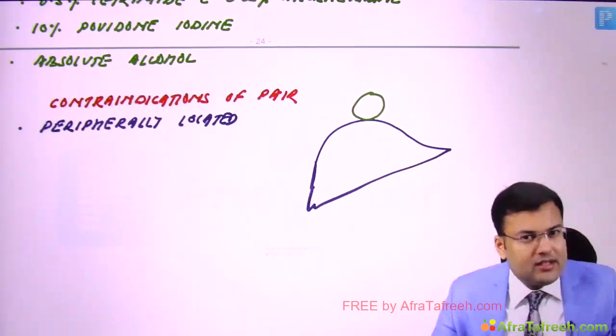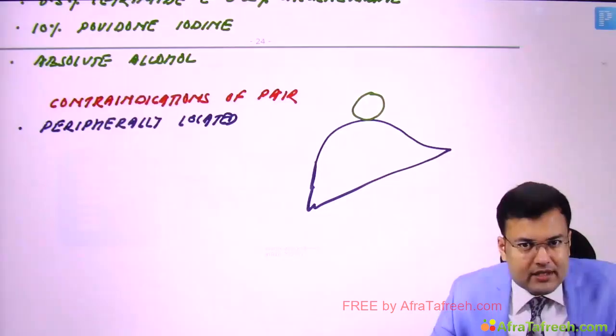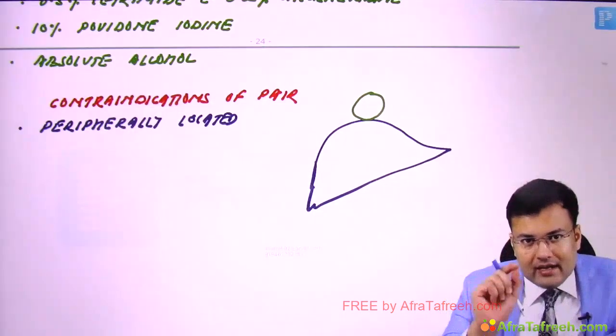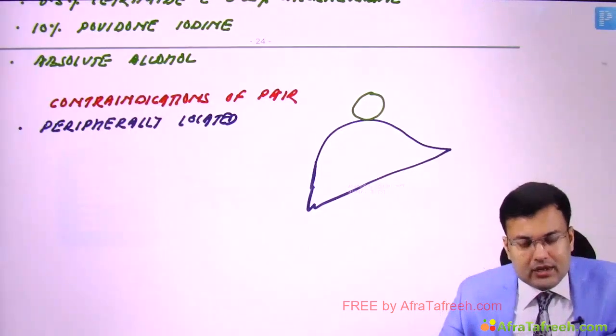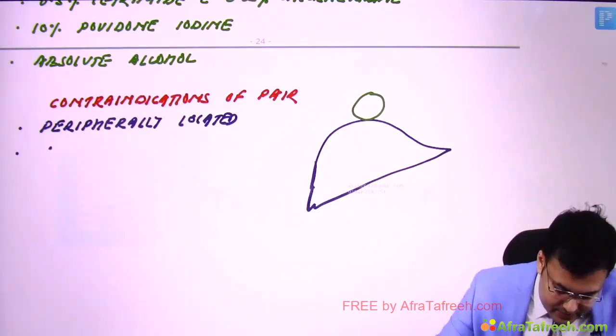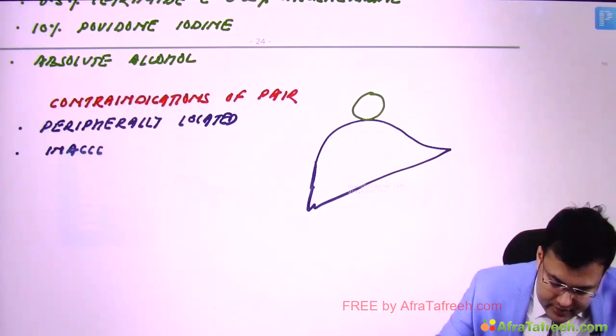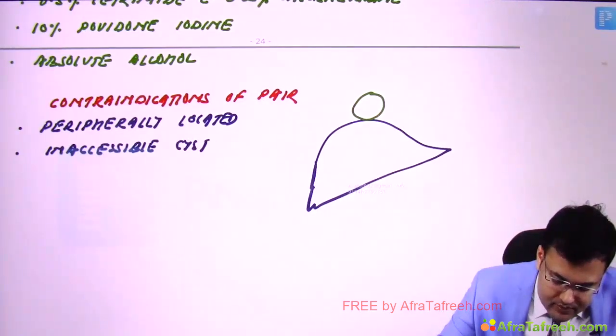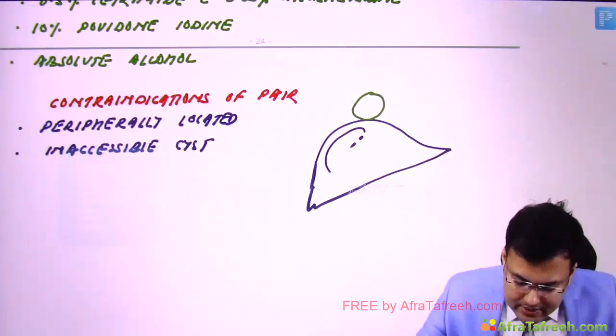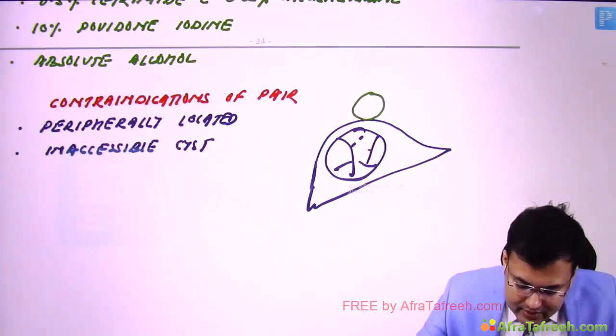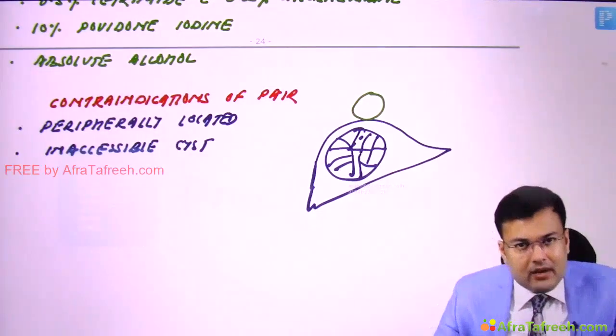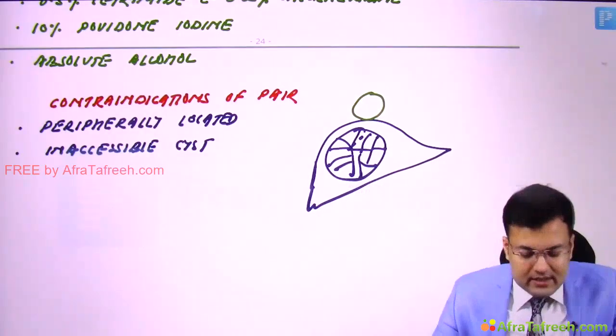Second, suppose the cyst is in close relation with some vessel where no direct access is possible. So an inaccessible cyst. Third situation, imagine the cyst is having multiple septations, so this is a multiloculated cyst.